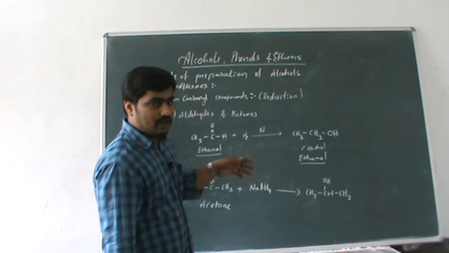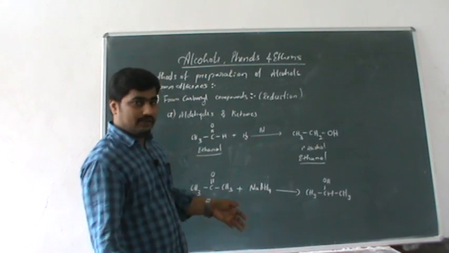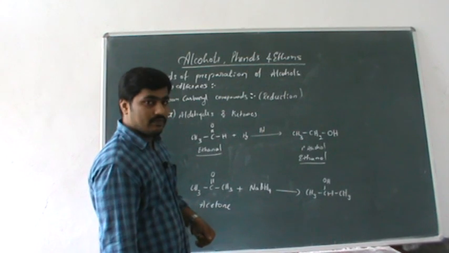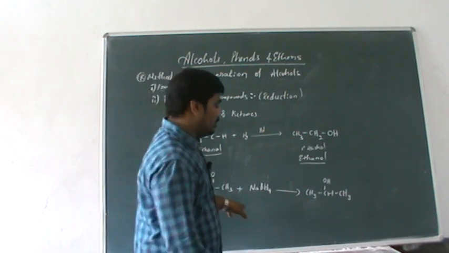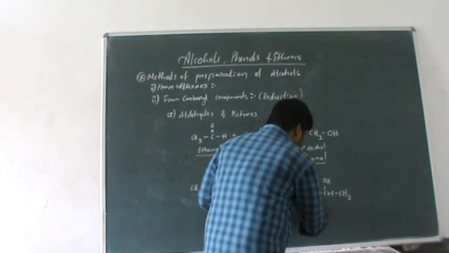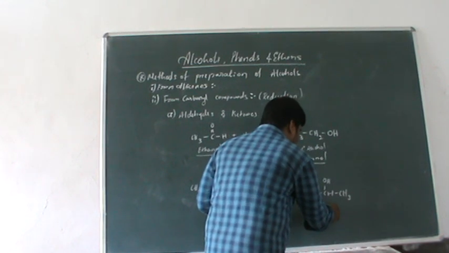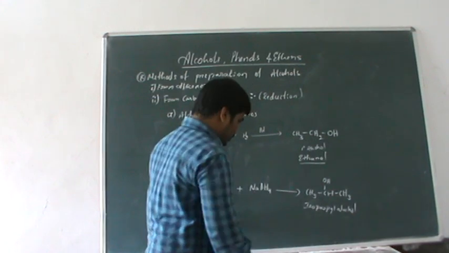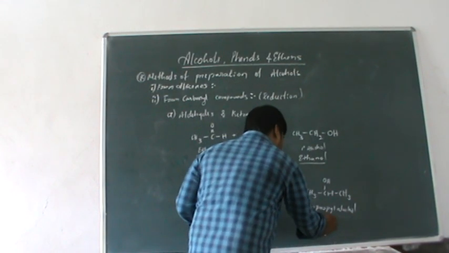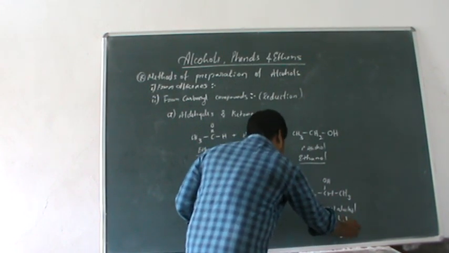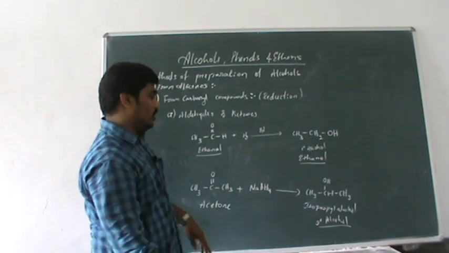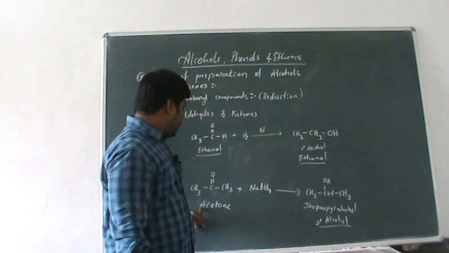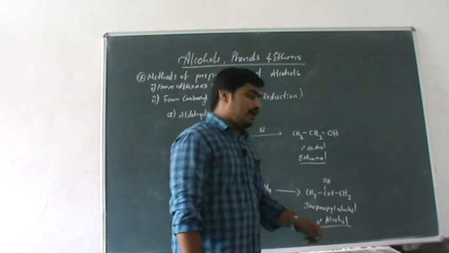During common name nomenclature and IUPAC nomenclature, we discussed this. Yes, the common name is isopropyl alcohol. Isopropyl alcohol is a secondary alcohol. Ethanal gets converted into ethanol, and acetone gets converted to isopropyl alcohol.